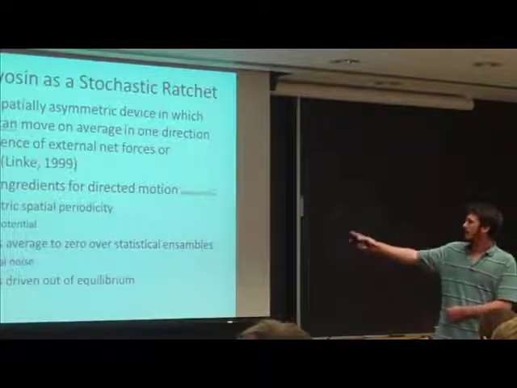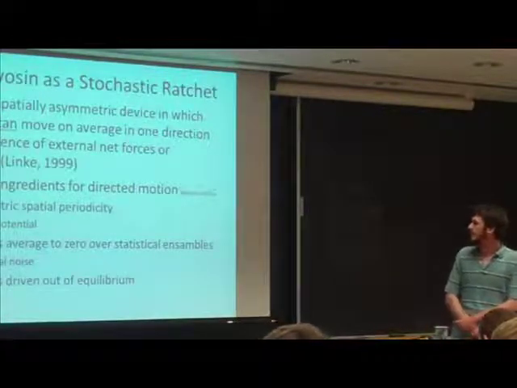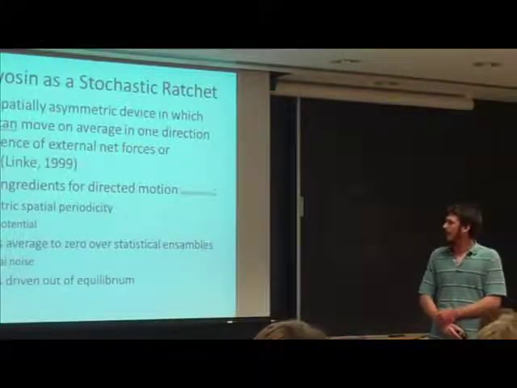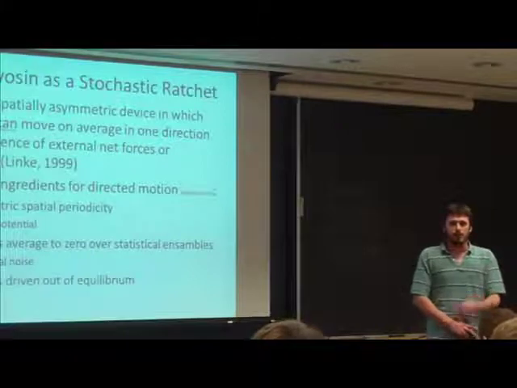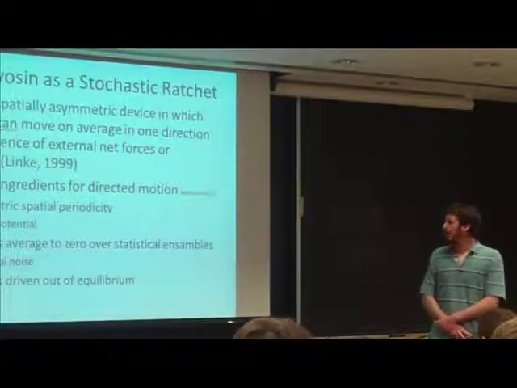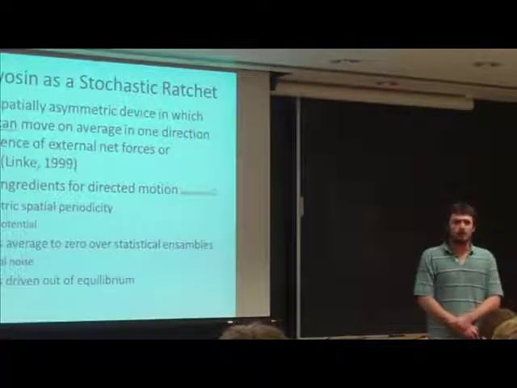That leads us to define three essential ingredients for ratchet motion. First, we need an asymmetric spatial potential that's periodic, and that is essentially our ratchet. Second, we need the system to be driven out of equilibrium.